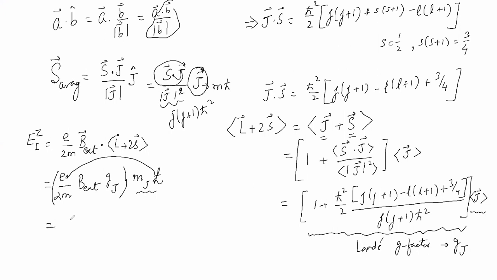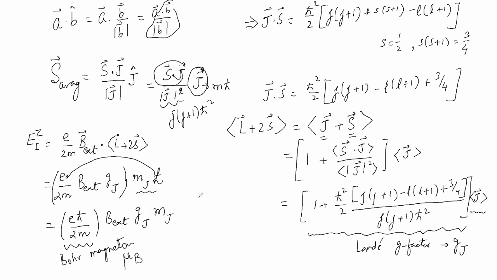This will become e h cross upon twice m, B external, Gj Mj, and this e h cross upon twice m we call by the name Bohr magneton. This is nothing but the Bohr magneton. This is represented by mu B.